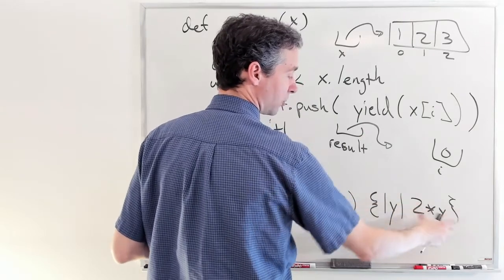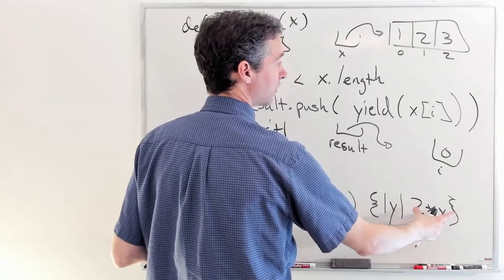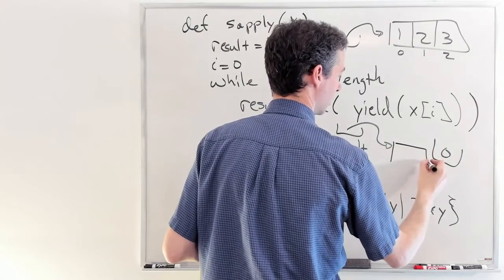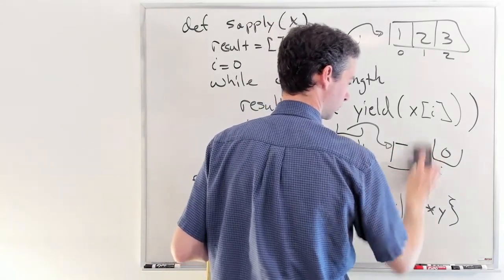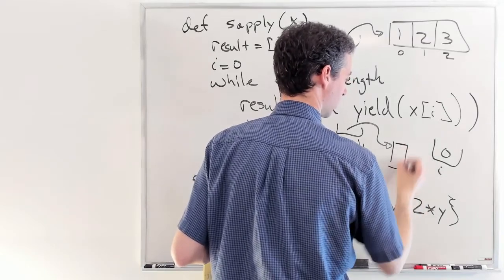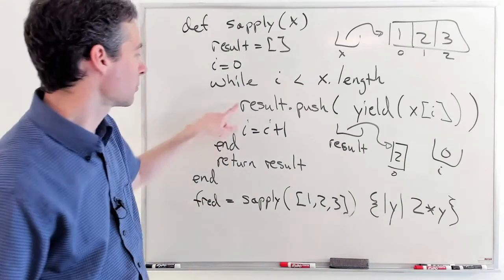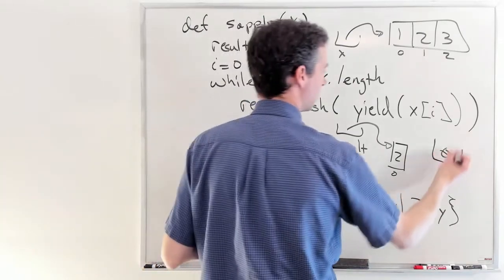That's the last thing computed in the block. And so we return the value 2. 2 is pushed on to result. And now our result has a single element in it, the length 1. That's what result is. i gets incremented by 1.